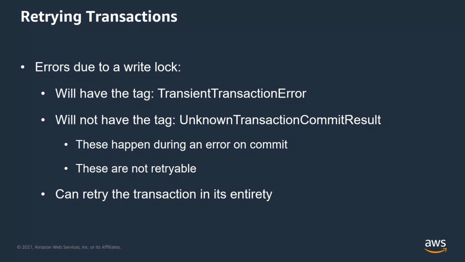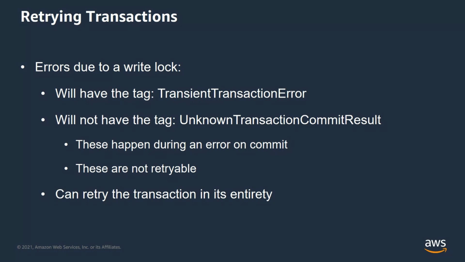Now, the transient in there is important. It's telling us, actually, I couldn't do this because somebody else was in the middle of a transaction, but that shouldn't stop you from trying again, because once that transaction is over, I'd be happy to do that operation for you. So you can retry the whole transaction if you bump into a transient transaction error.